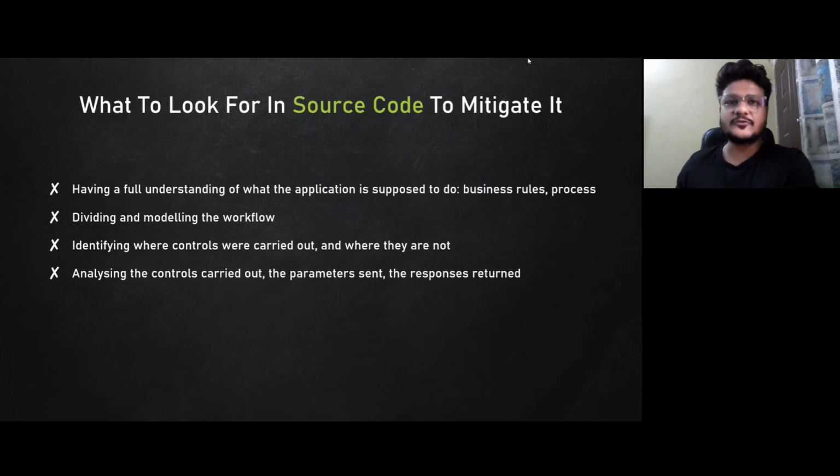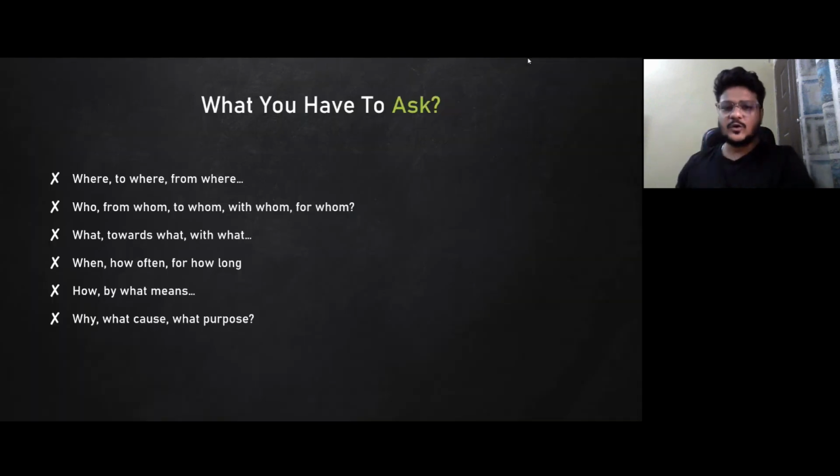You have to identify where the controls are carried out right and where they are not, on the front end and the back end. Check the parameters: whether they are sanitized, and whether parameter escaping is there or not.